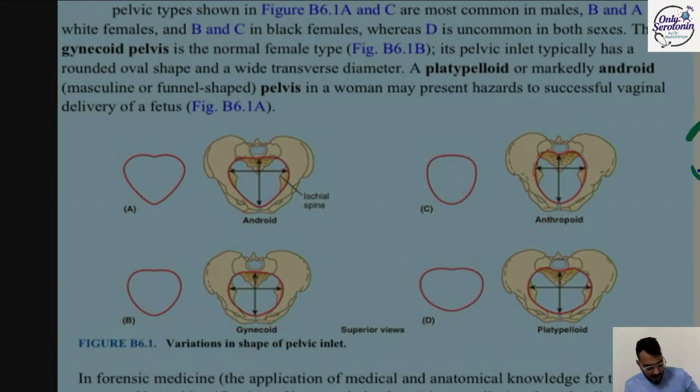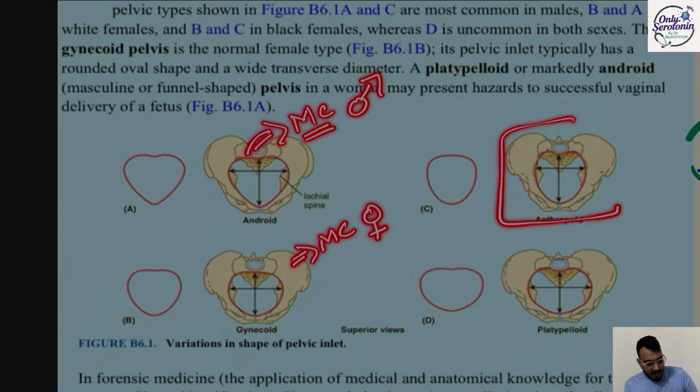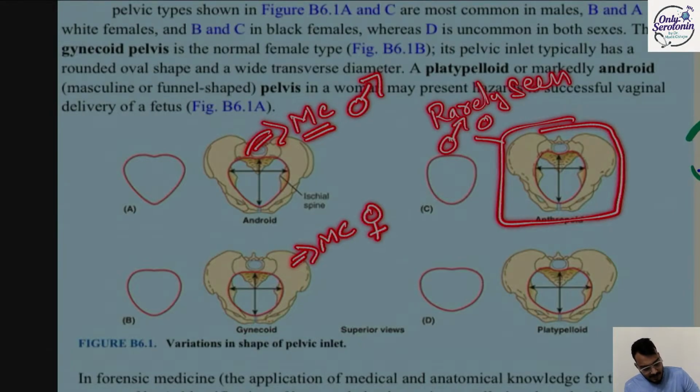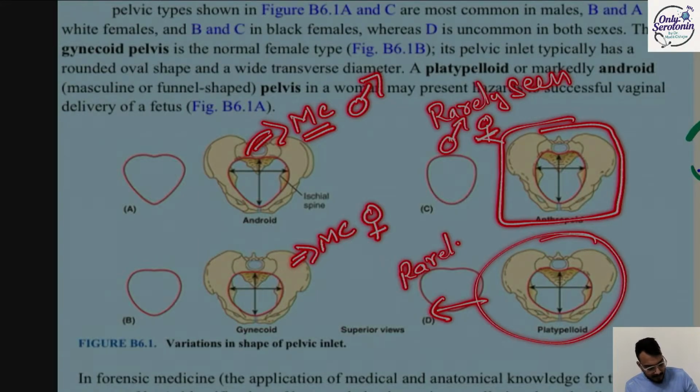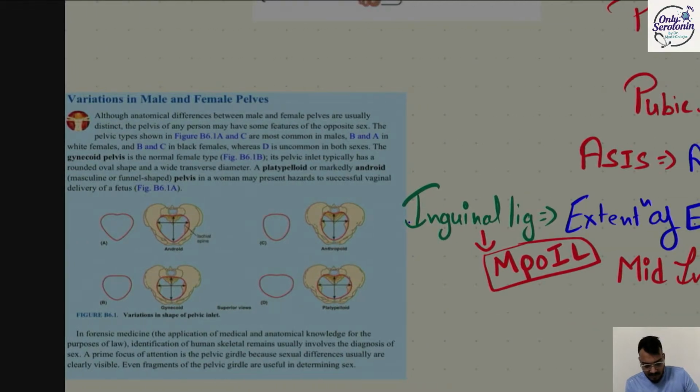The third is anthropoid, and the fourth is platypelloid. But you should remember, android shape is most commonly seen in males. Gynecoid shape is most commonly seen in females. Anthropoid is rare, rarely seen in both males and females. And platypelloid is only rarely seen in females. Other than that, you have this image. I would suggest you read everything written in this image.